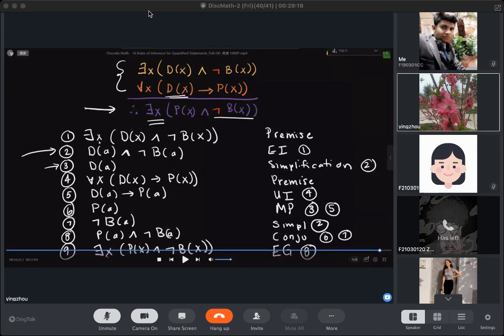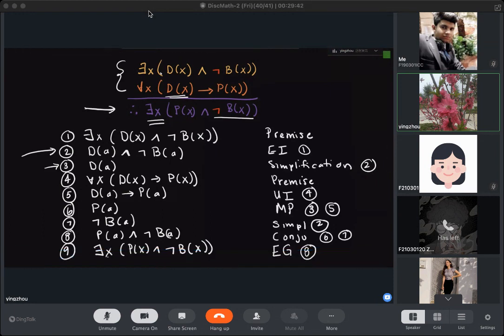So for some means it is a special element, and this special element satisfies this. We first choose this special element, and it also satisfies the for all statement. But if we change the order, we select an arbitrary element, and this arbitrary element may not satisfy the for some statement. So we should be careful with the order.